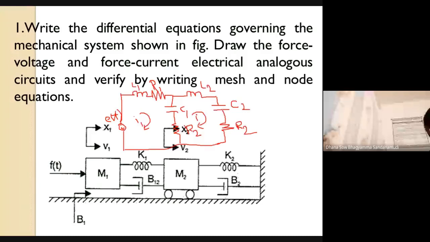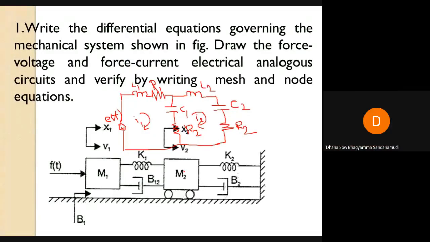So here two nodes are there in your mechanical system. In the force voltage analogous system, there should be two meshes, meaning two loops should be there.